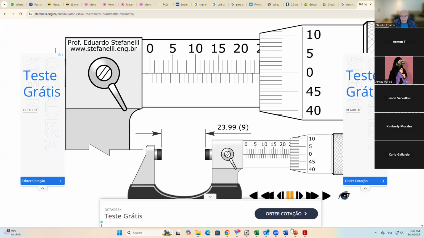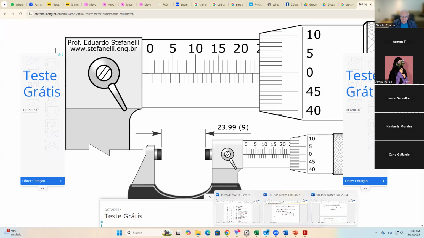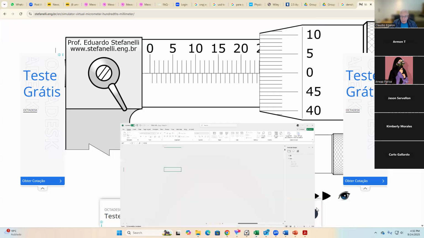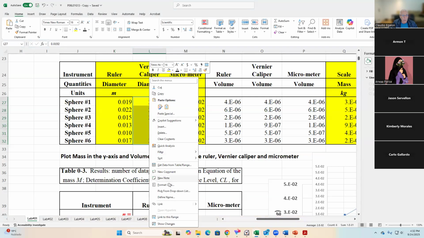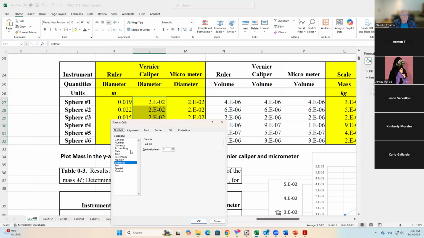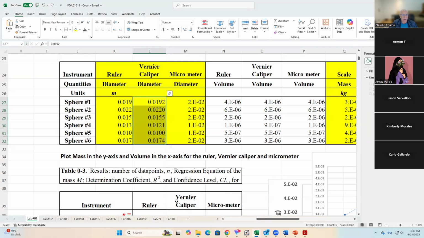And now we can go ahead and display the proper number of significant figures for the vernier caliper. If the ruler is 3 decimal places in meter, the vernier caliper is going to be 4 decimal places instead.